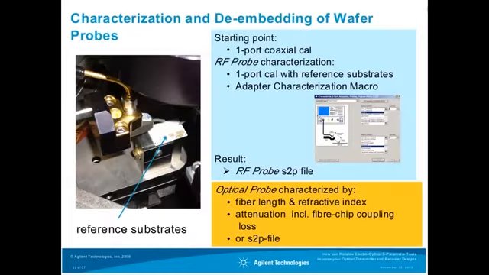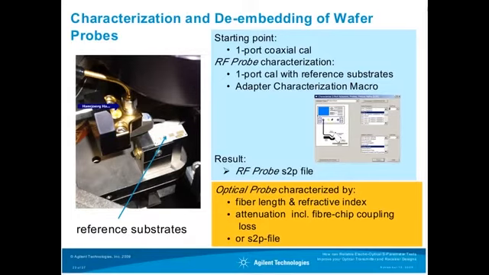And again, here it's possible to employ adapter characterization techniques and de-embedding fixturing applications for wafer probes. On this photo, you see a set of reference substrates which you use to characterize the wafer probe.